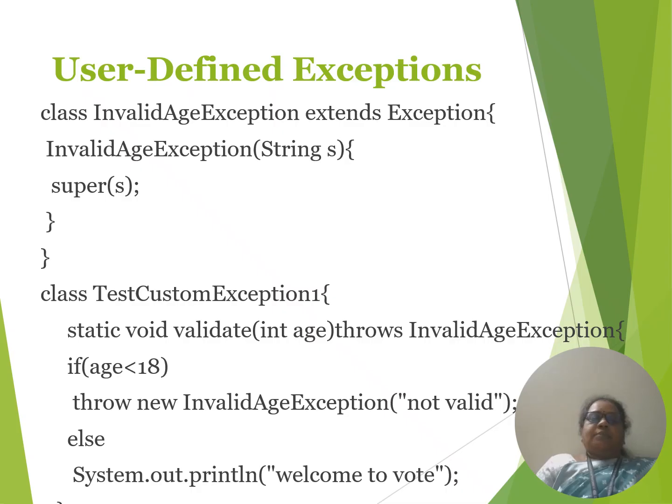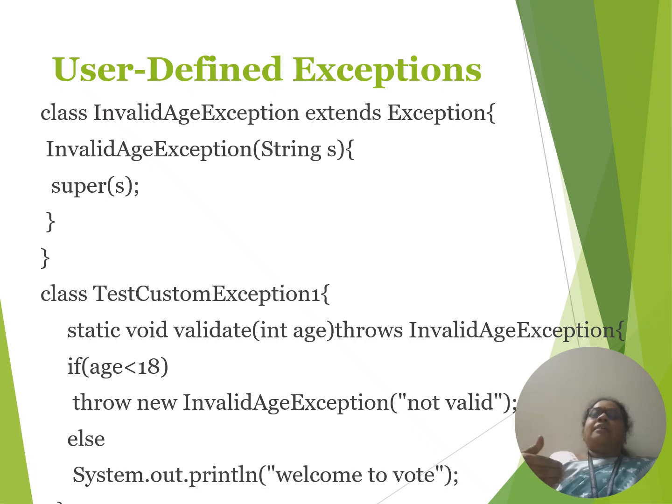User-defined exceptions: class InvalidAgeException extends Exception. When we are filling in some online forms, they give a year limit or age limit to apply. When they give a value which is not applicable for the application, then that exception is called an invalid age exception.